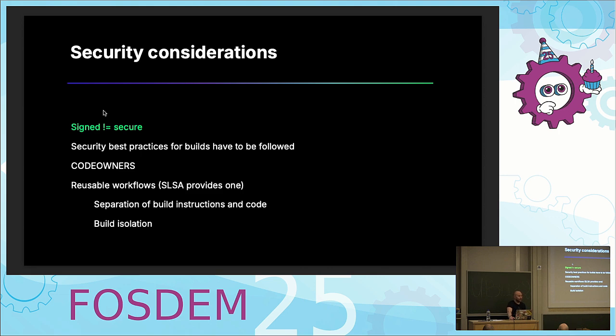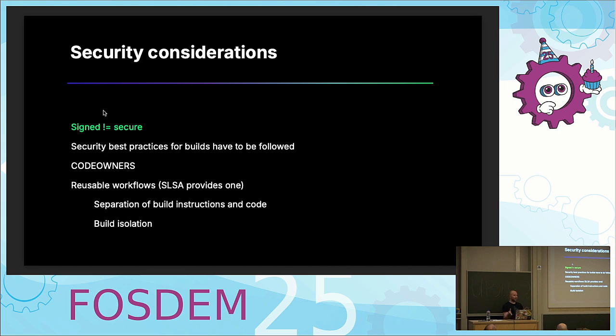On GitHub, we have some solutions you can rely on, for instance, code owners to separate who can modify the build instructions. Or if you want to go for a really secure model, you can have a reusable workflow. And the SLSA community provides a builder for most of the ecosystems out there, like Go, Java, that builds the binary for you, creates the build provenance, and signs it for you.